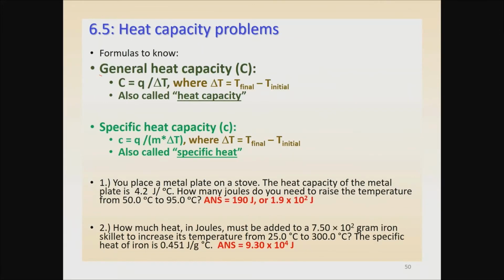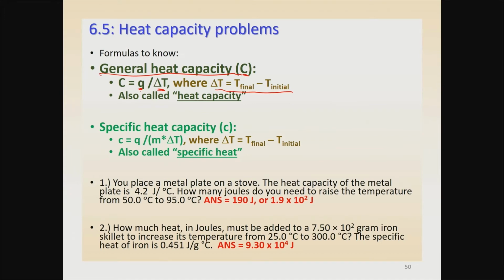Now what I want to do is go over some problems which involve heat capacity, and there are two equations that you'll have to be aware of to help you solve these problems. One equation describes general heat capacity, and the symbol for general heat capacity is a capital C. The equation is that capital C, the general heat capacity, is equal to heat divided by the temperature change, where the temperature change is always the final temperature minus the initial temperature.